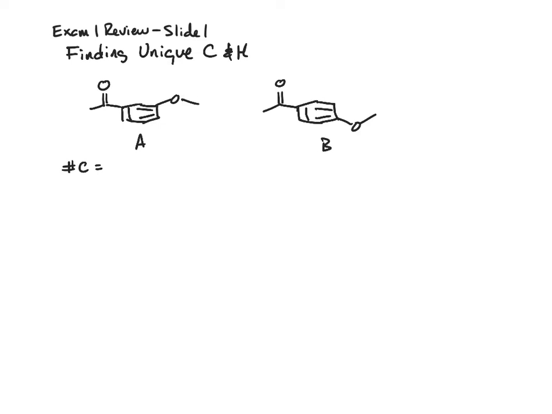So let me ask you a question. How many carbons total are in this molecule? There's 9. So there's 9 unique carbons. So we have some people that are avalanched by that answer.